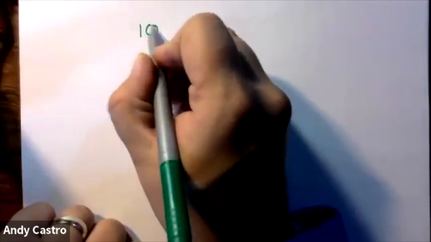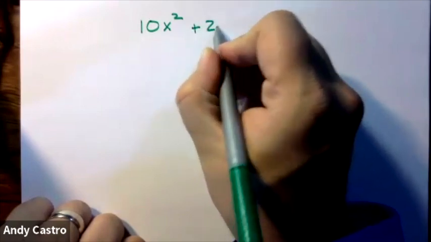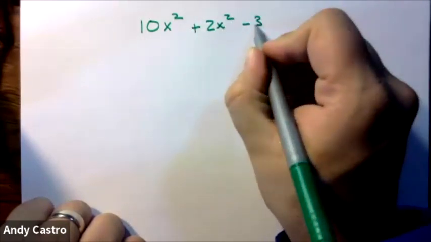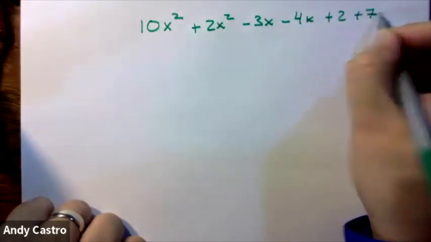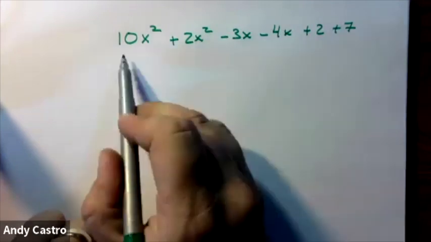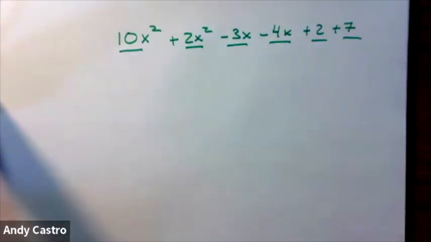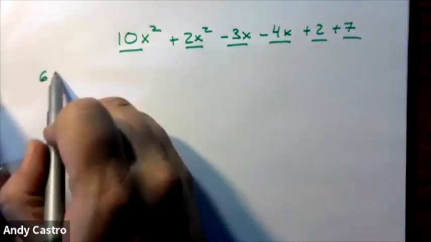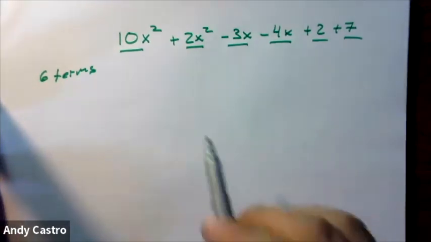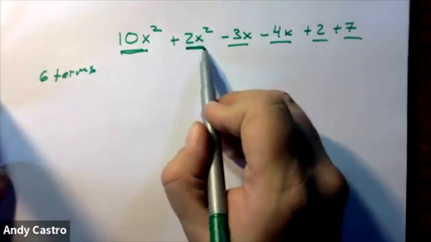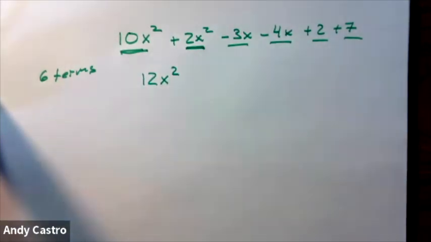Now what happens if I mix things together? 10x squared plus 2x squared minus 3x minus 4x plus 2 plus 7. Now, this looks like it has 6 terms. But I can actually combine some of these. The 10x squared and the 2x squared combine to give me 12x squared.